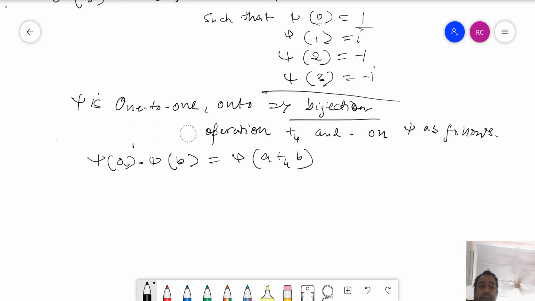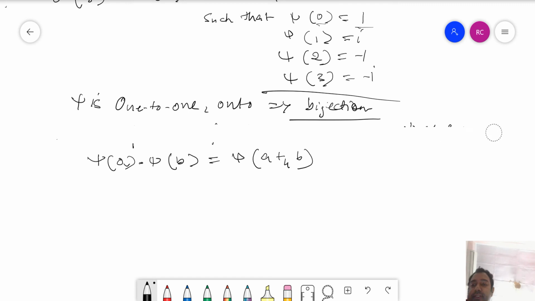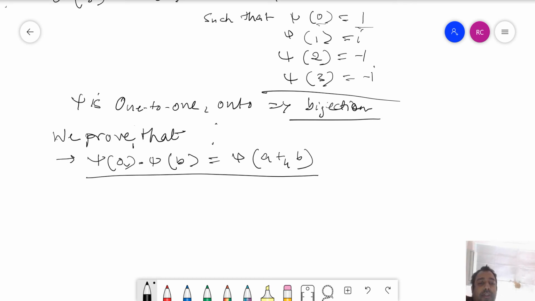Or let us do it differently. Instead of writing this, we prove that this holds. In other words, phi is a homomorphism.